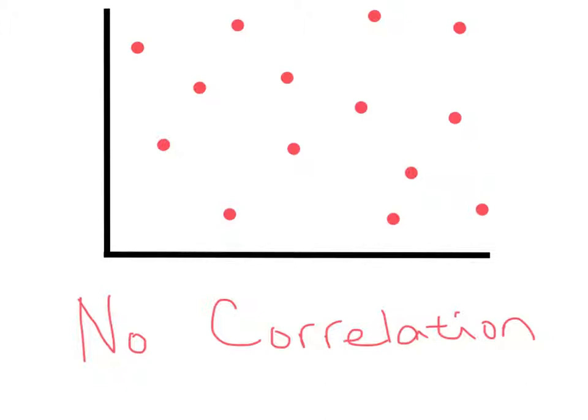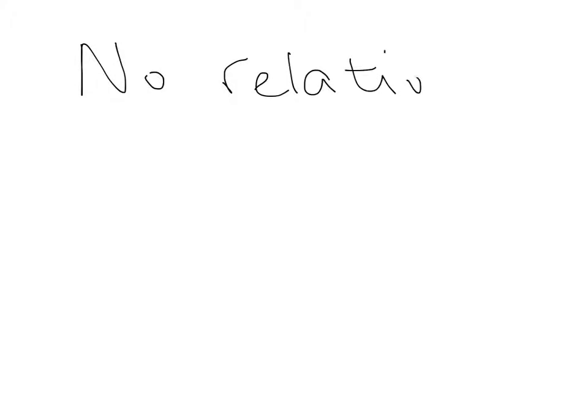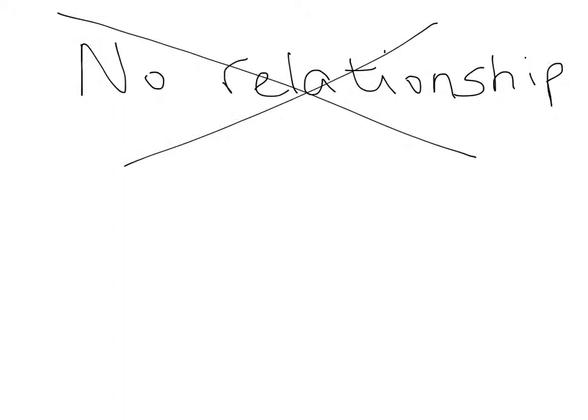When you take your STAR test or when you take a test in here, they're always going to give you a choice that says no relationship. I can tell you, as long as we're talking about scatter plots, okay, no relationship is never, ever the answer. I want you guys to write that down and then put a big X through it. It is never the answer.